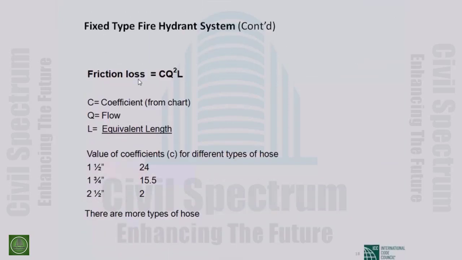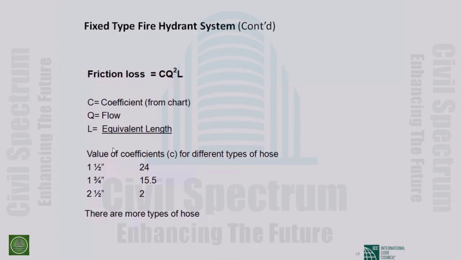So this is the friction loss. There is a coefficient of friction C that will be taken from the chart, Q is the flow, and L is the equivalent length. I am saying equivalent length. Equivalent means distance length, and every bend has some equivalent length in the table, and for every valve you have an equivalent length.